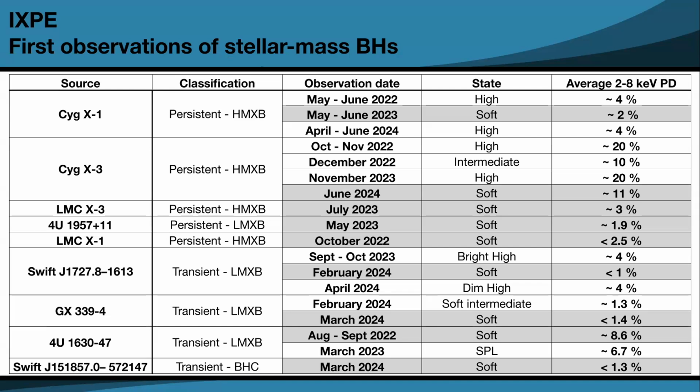The fact that the polarization angle of, for example, Cygnus X-1 is in the same direction as the radio jet suggests that the most likely scenario is one where the corona is extended perpendicular to the jet, in the same direction as the disk, so a kind of equatorial geometry.